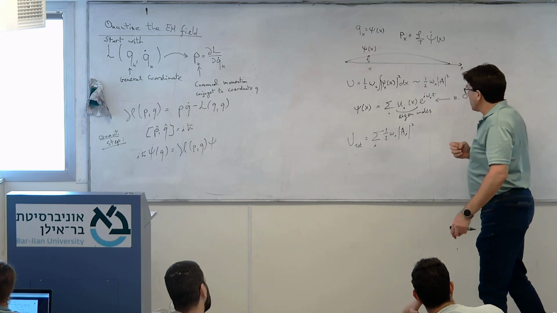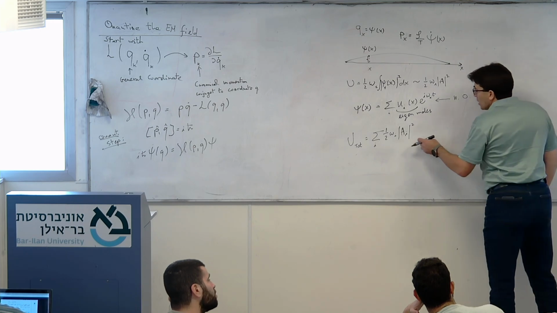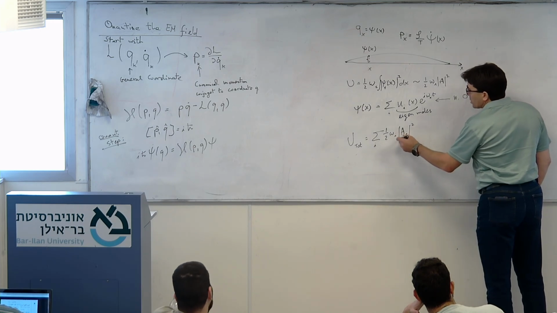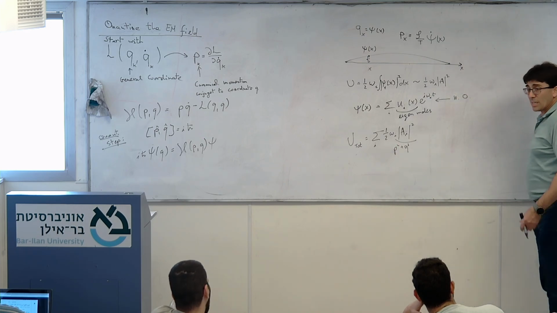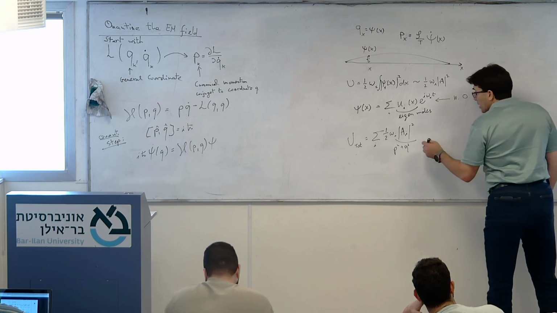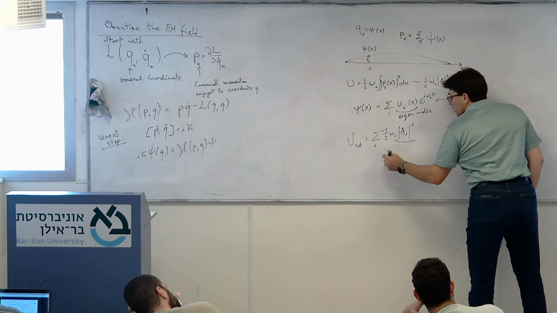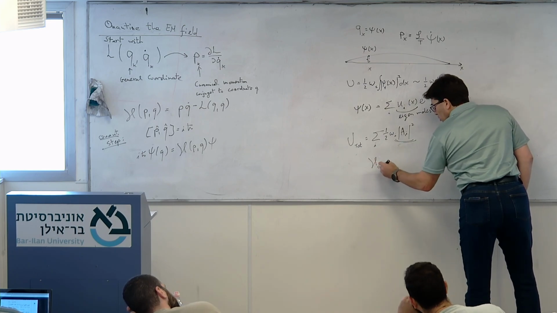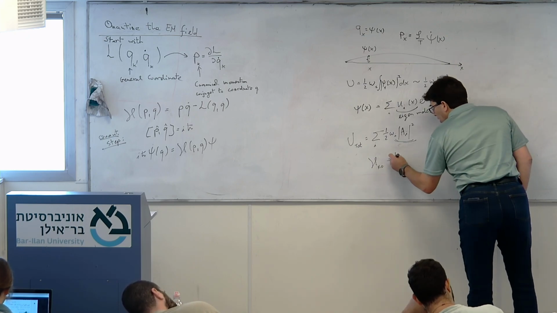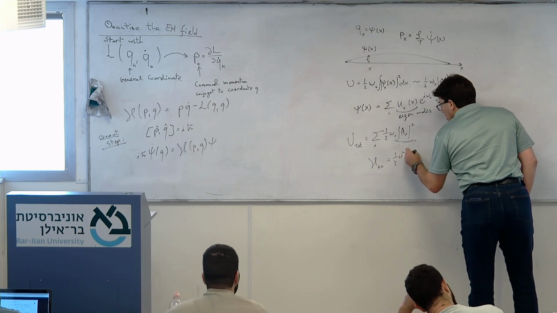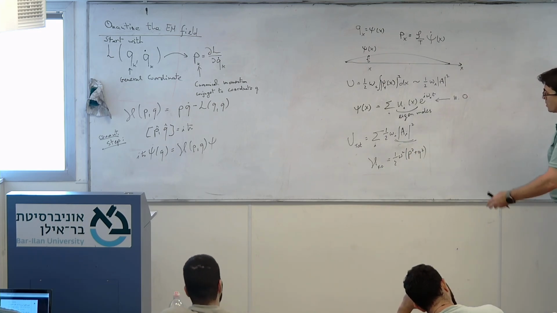So in here, we can also identify, the problem is that the way this is written, it is not written as p squared plus q squared. But we know that the Hamiltonian of the harmonic oscillator can be written as something like half omega squared times p squared plus q squared, something like that.